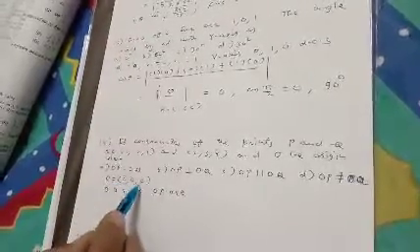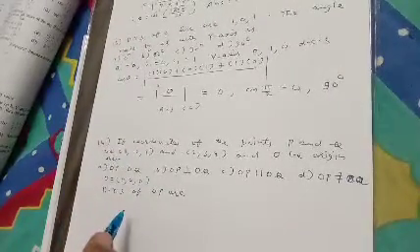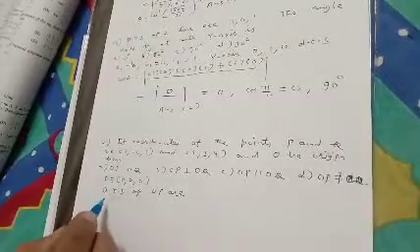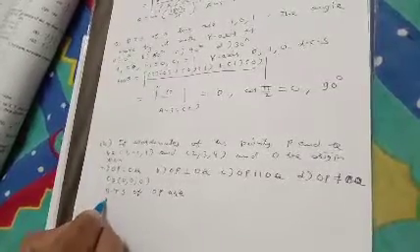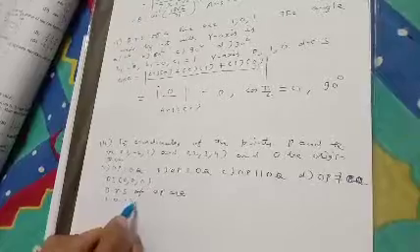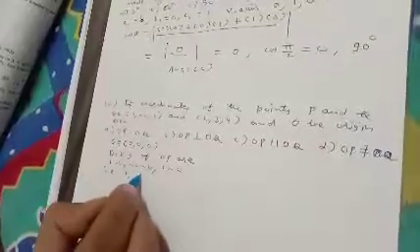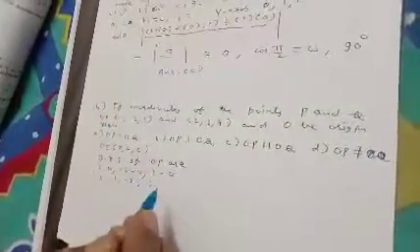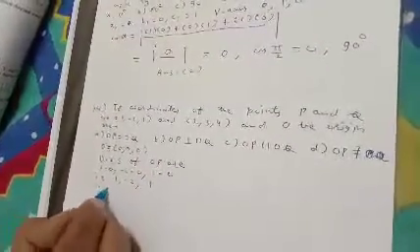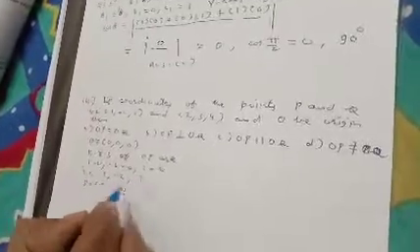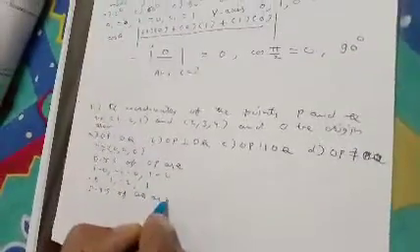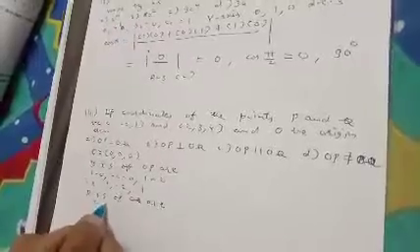So the coordinates of O and the coordinates of P are known to us. 1 minus 0, minus 2 minus 0, 1 minus 0. So we get 1, minus 2, 1. Direction ratios of OQ: 2, 3, 4.